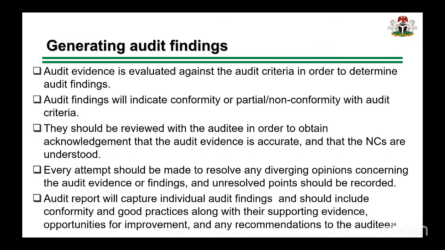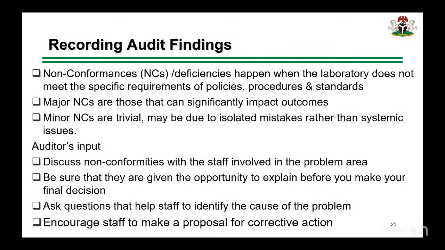The audit report will capture individual audit findings. It should include conformity and good practices along with the supporting evidence, and opportunities for improvement. So you can have things like observations, conformities, and non-conformities. You have to record your audit findings, so the non-conformances or deficiencies that happen within the lab.